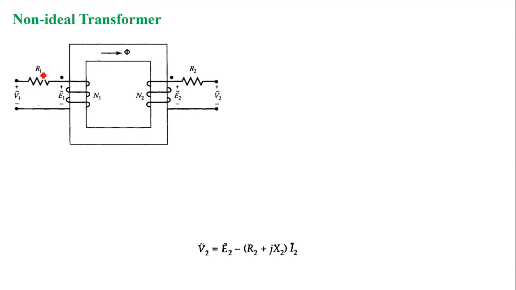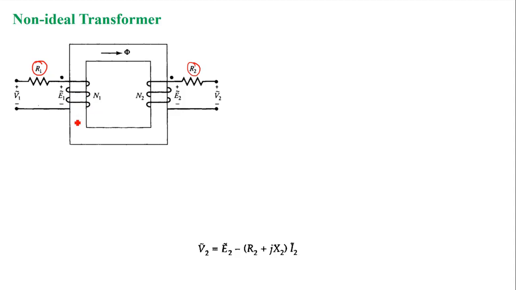So now we'll introduce the resistance of the two windings. Let us say R1 is the resistance of the primary winding and R2 is the resistance of the secondary winding. Now the voltage V1 is connected across the primary side and it will certainly induce an EMF.